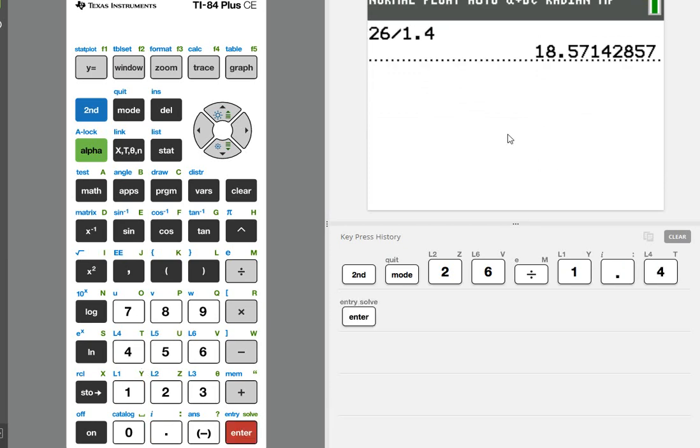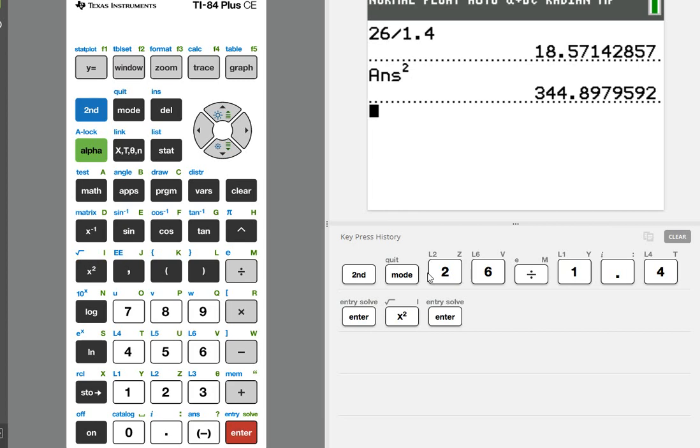Now, kind of a nice, easy, quick way to get the square of that is just to hit the square key right over here. And notice what your calculator does. It takes the previous answer, which is 18.57 something, and when we square it, we should get something a little bit more than 330, I'm guessing. Actually, probably like 340. All right, there we go.